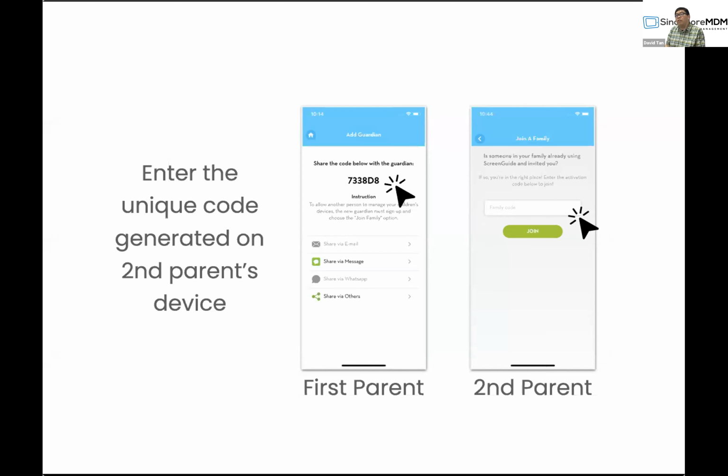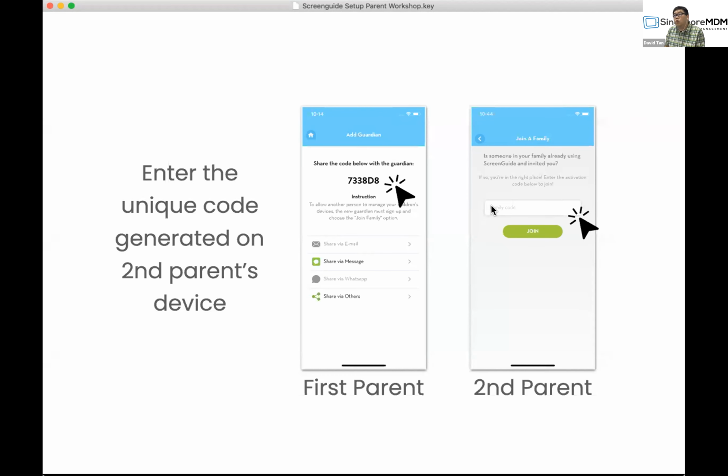It will be a unique code for every family. So once the first parent has generated the code, the second parent will need to key that code in. Either you're sitting next to the parent and you can just key it in immediately, or you can copy it and share it either via a message or an email, right? I'm not too sure how long this code will be valid for. So ideally just do it immediately by sitting next to the first parent.